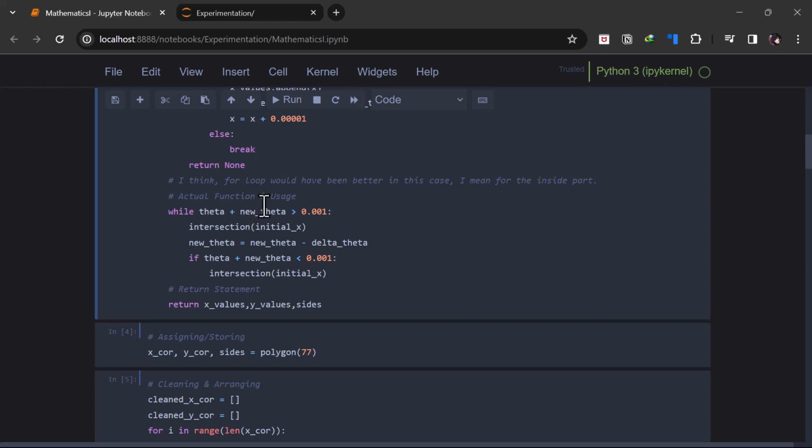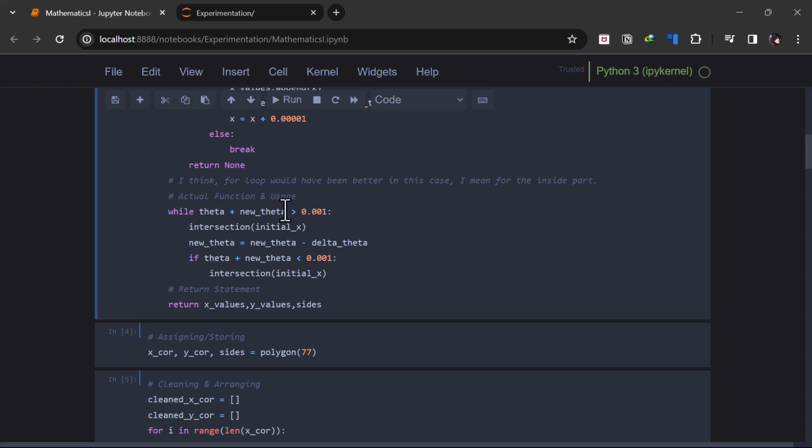So this is the theta from where we'll be subtracting the delta theta, as you can see. So after some point it will become negative of theta, as we have discussed that when we get to the last side of our polygon, this new theta will come negative of theta. So their summation will obviously be very close to 0. That is, it will become less than 0.01, and the moment this condition becomes false, this loop will stop, right?